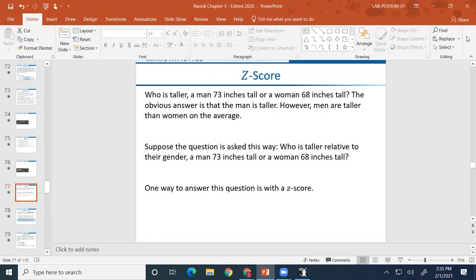All right, so one of the things that Z-scores are good for is to be able to tell whether somebody, measured against their particular group, is taller than average as compared to their group.